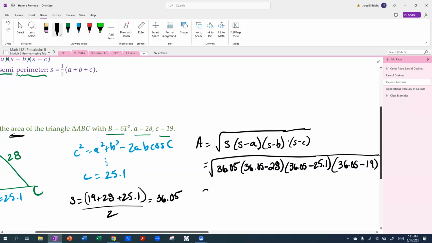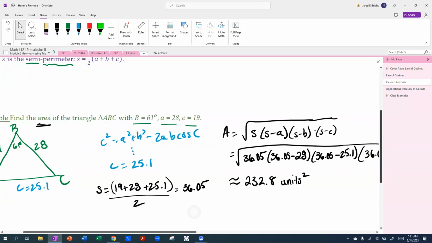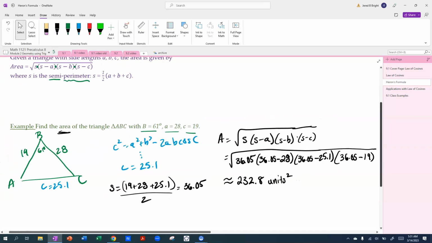If you do that, I get my answer as approximately 232.8 units squared. I don't know what units we're in, but I always include the label of units squared, recognizing that area is in square units.